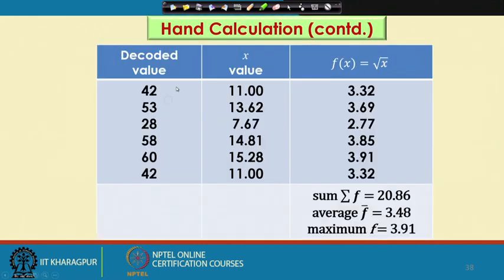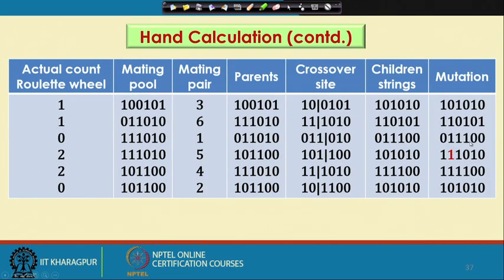Let me concentrate on the first GA string, and let us see how to select the mating pair. This is the first GA string of the mating pool, and I will have to find out its mating pair.